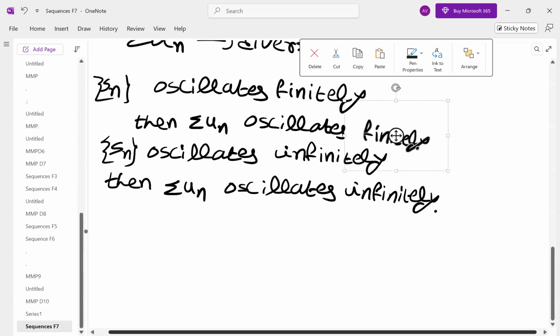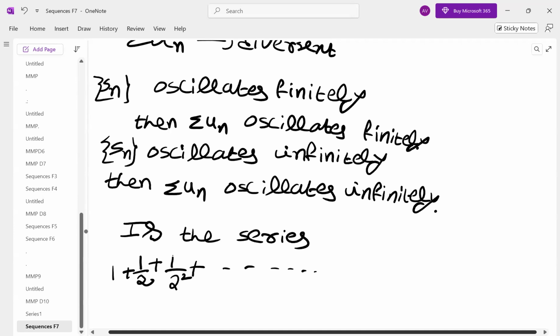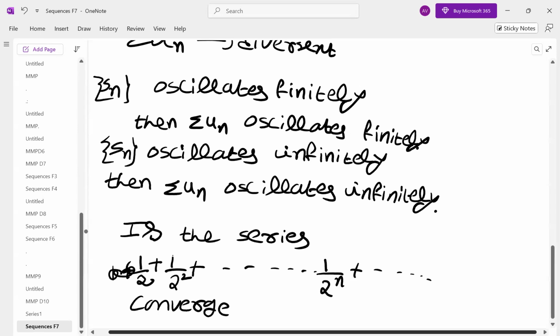So we have done one question also based on this. Now we want to apply this concept. Is the series 1 plus 1 by 2 plus 1 by 2 square, and so on, convergent? We want to know.